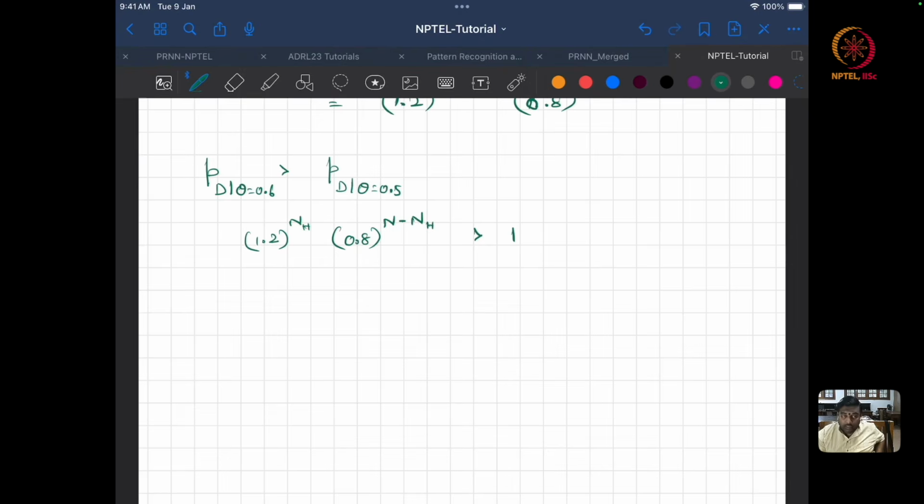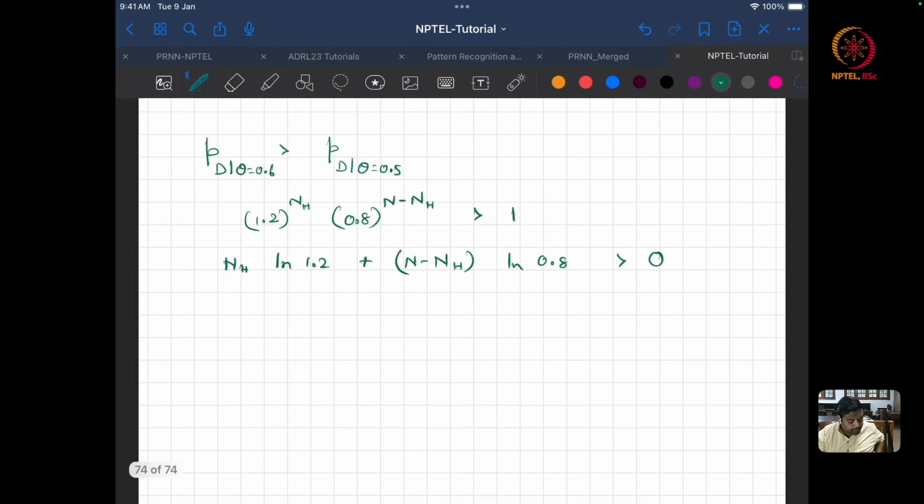And then you can take the log on both sides. Now nh log of 1.2 plus n minus nh log of 0.8 is greater than 0. I have taken log on both sides.